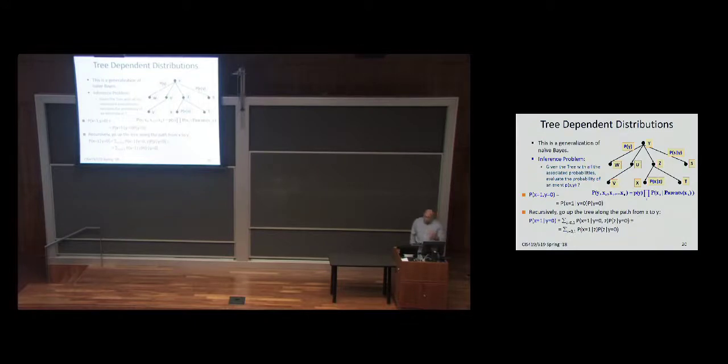P of X given Y and Z, it's enough to write P of X given Z because X is independent of Y given Z. Again, there is a path here, Y, Z, X. X given Z is independent of Y. And therefore, I can write this expression this way. And it so happened that I know this number already. P of X given Z is given as part of the definition of the Bayes net.